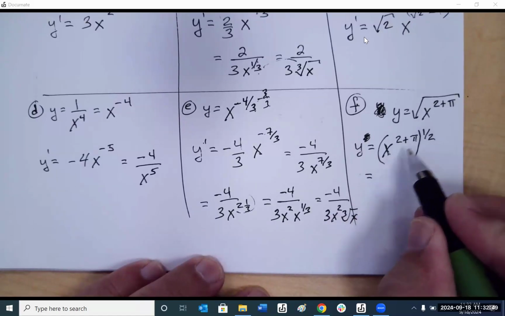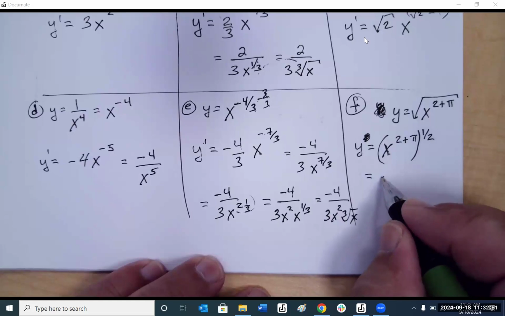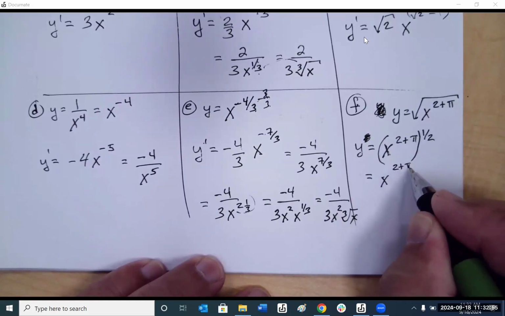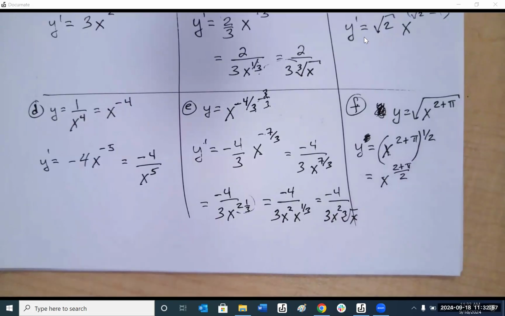Since you have a power to a power, you multiply them. So we have 2 plus pi over 2.